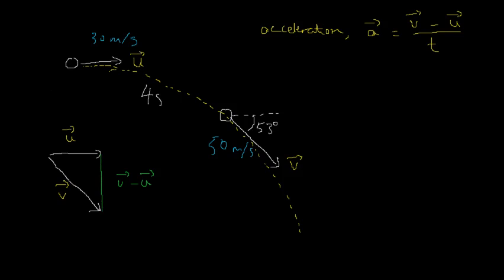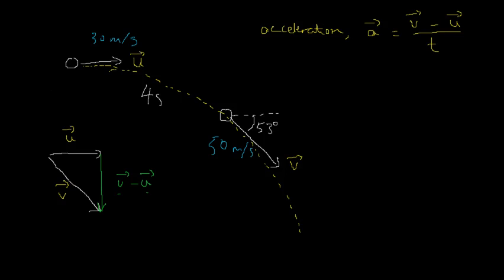The answer would be a vector pointing from u to v. Always from the subtracted vector to the subtracting vector. So that's the change.